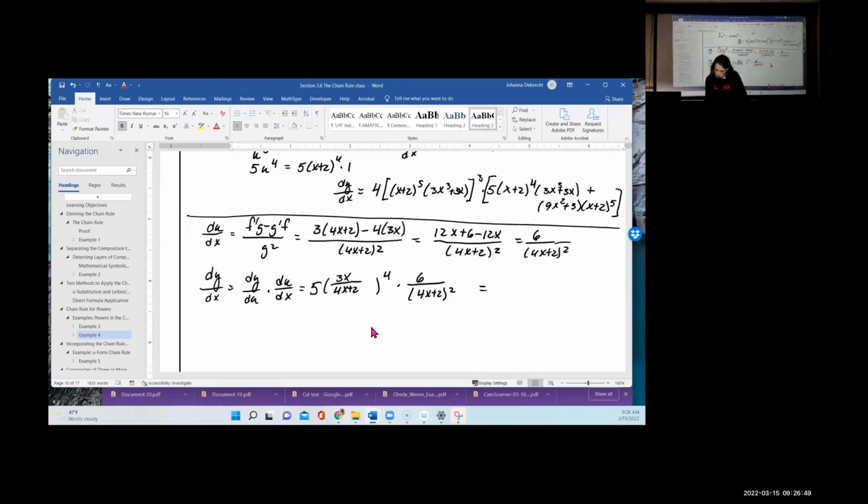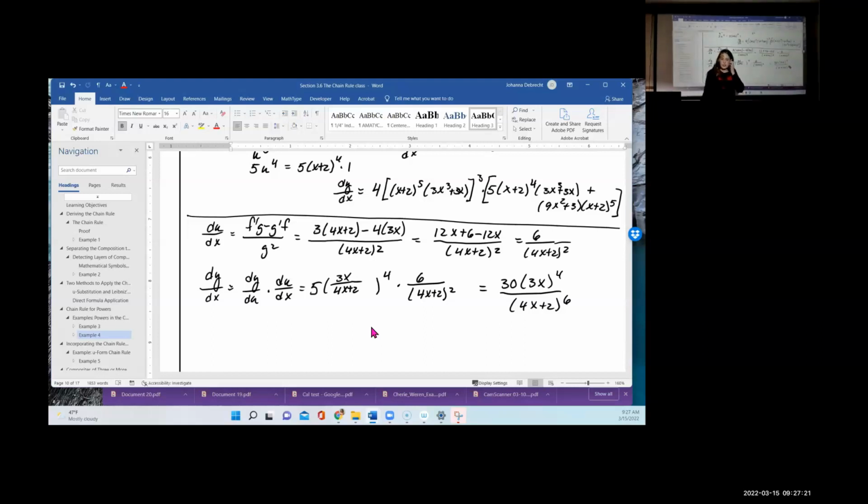So you could rewrite this one as 30 times 3x to the fourth power over 4x plus 2 quantity to the sixth, right? Which would be a relatively simple way to put it. There is a common factor in here of 2, which you could factor out. If you do factor it out, it becomes 2 to the sixth power because it's also raised to the sixth power. Okay.